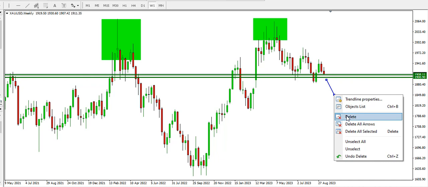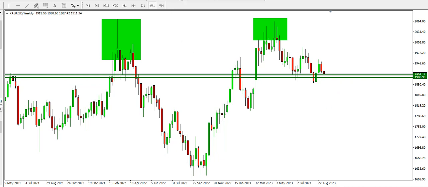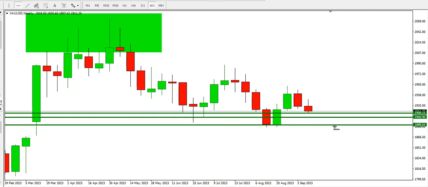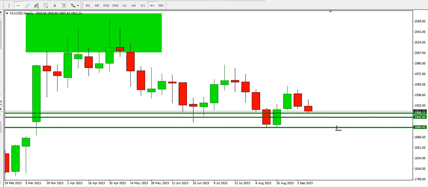For now, the immediate possible targets we're looking at are 1908, and then 1900, based on this tweezer top that we have around here. Finally, we might see price test the 1884 level before we have a break of structure.